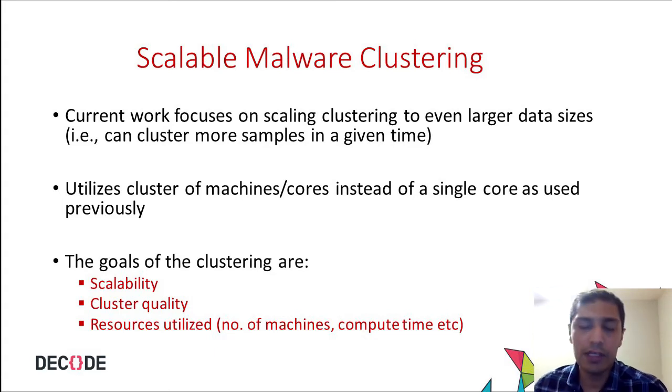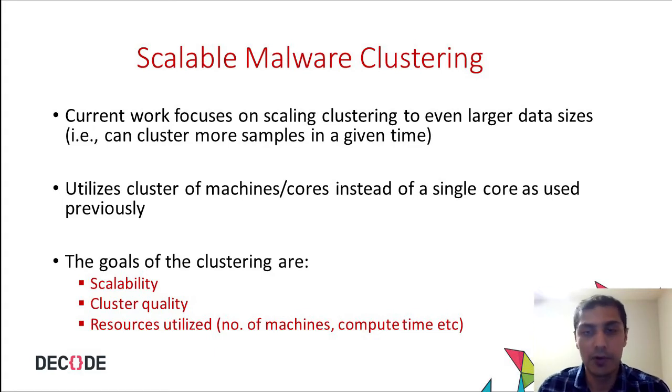If you want to scale to 1 billion items, we cannot effectively search and cluster 1 billion items on a single machine because of the limitations of physical hardware, RAM, disk storage, etc. So we wanted a solution which can scale to multiple machines and cores. In particular, the goals of the clustering mechanism were scalability.